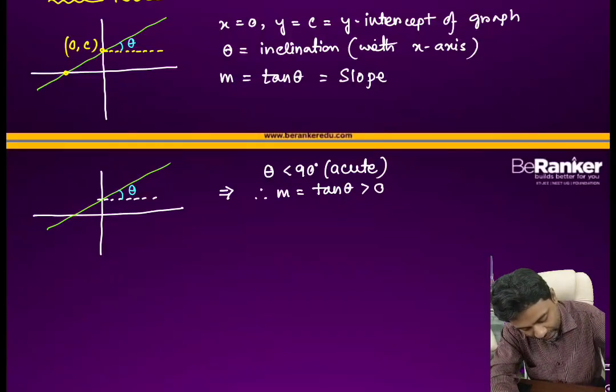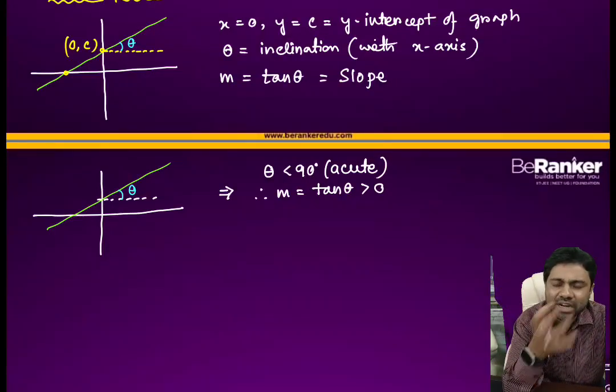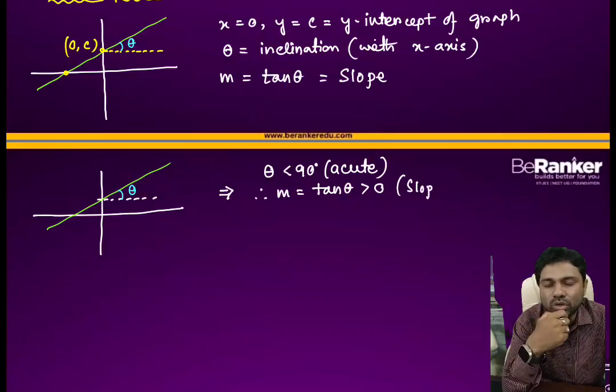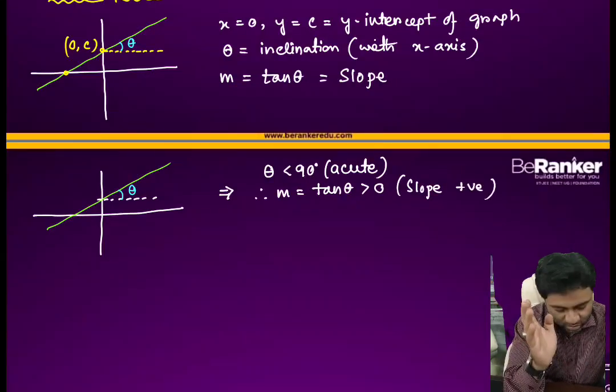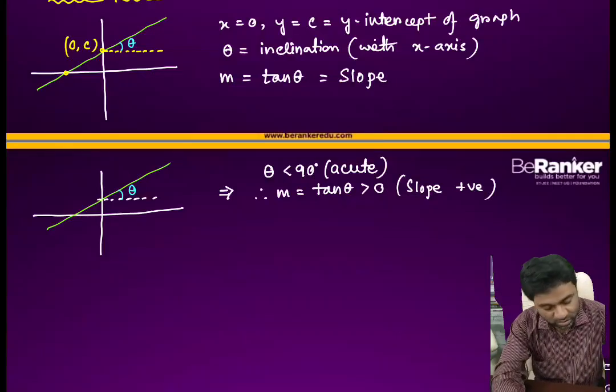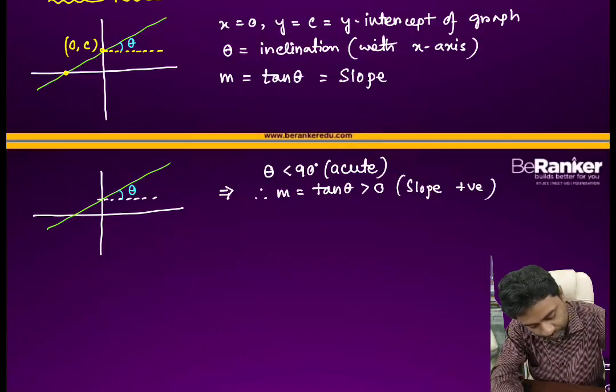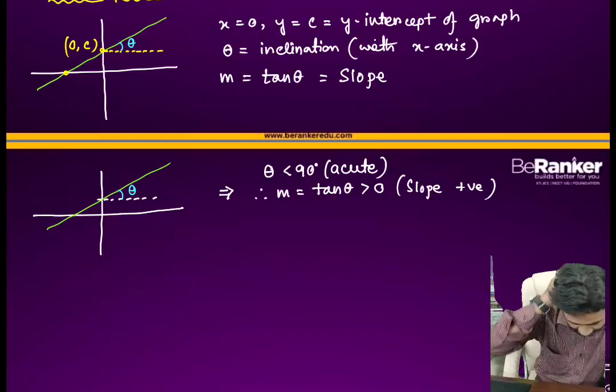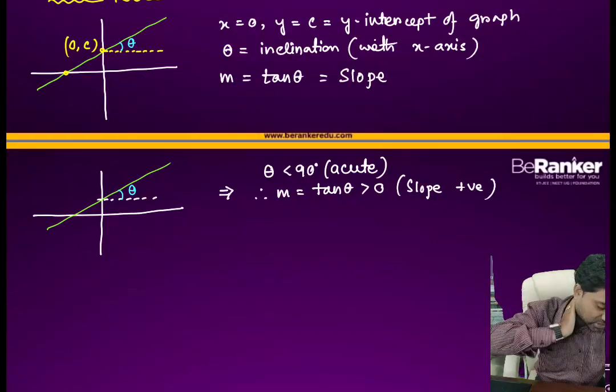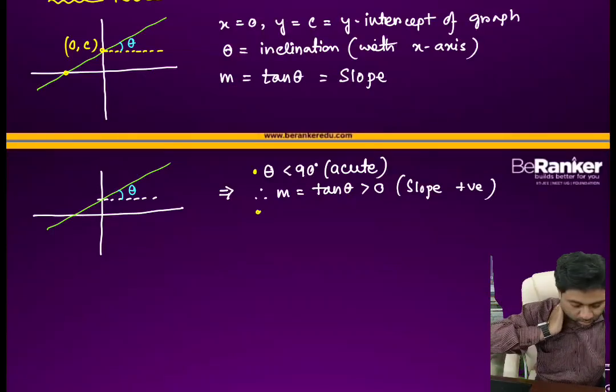So m, which is tan theta, will be positive, because the acute angles lie in the first quadrant, and from all sine tan cos rule, in the first quadrant, tan theta is positive. So here the slope is positive. So when the graph makes an acute angle with positive x-axis, we say its slope is positive.